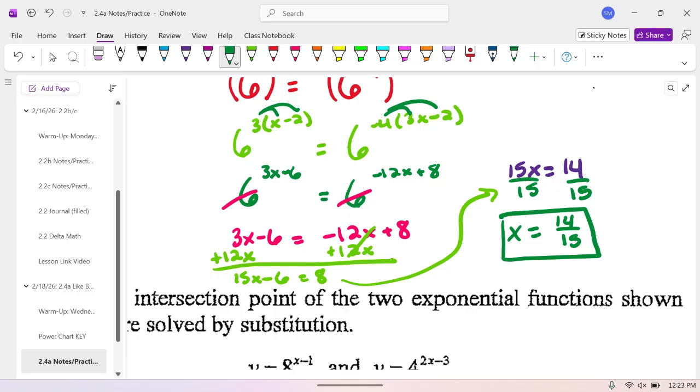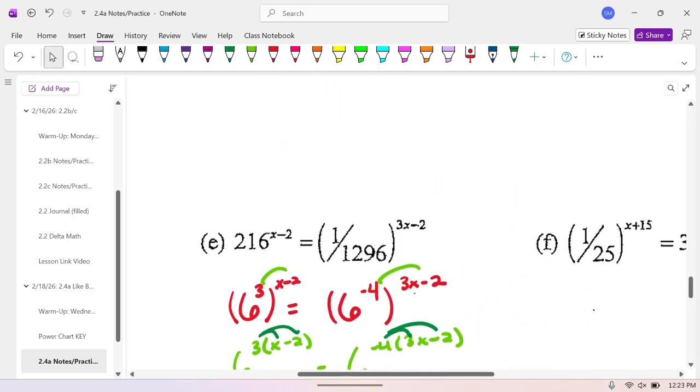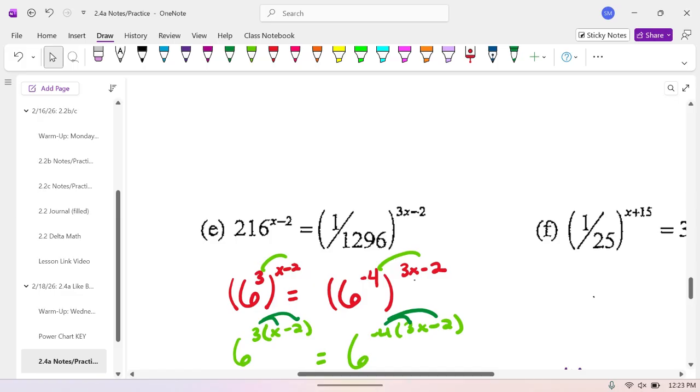So let's say that this was on the test or the EOC, and you took one look at that and you're like, I completely forgot how to do this by hand. Well, all you would do is set the left side expression equal to y, set the right side expression equal to y, and then what are you looking for? The point of intersection, and you use the x value at that point.